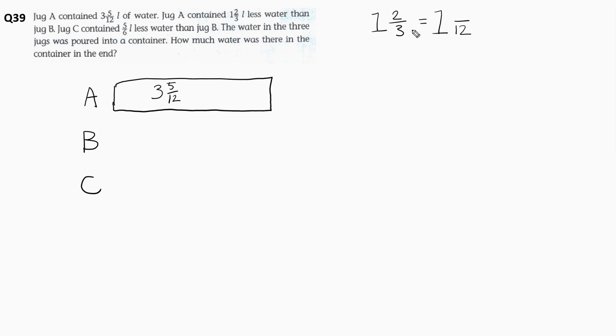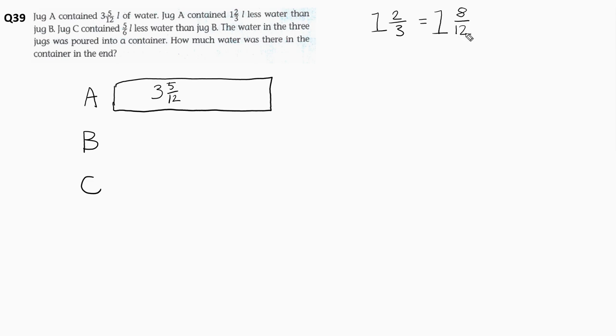What do I have to multiply 3 by to get to 12? Well, 3 times 4 is 12. I have to multiply the numerator by the same, so 2 times 4 gives us 8. So 1 and 2/3 is equivalent to 1 and 8/12.